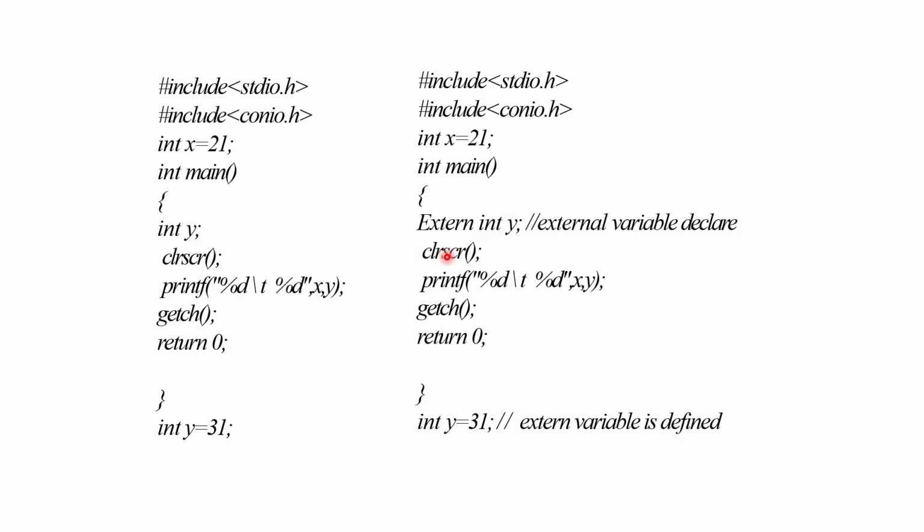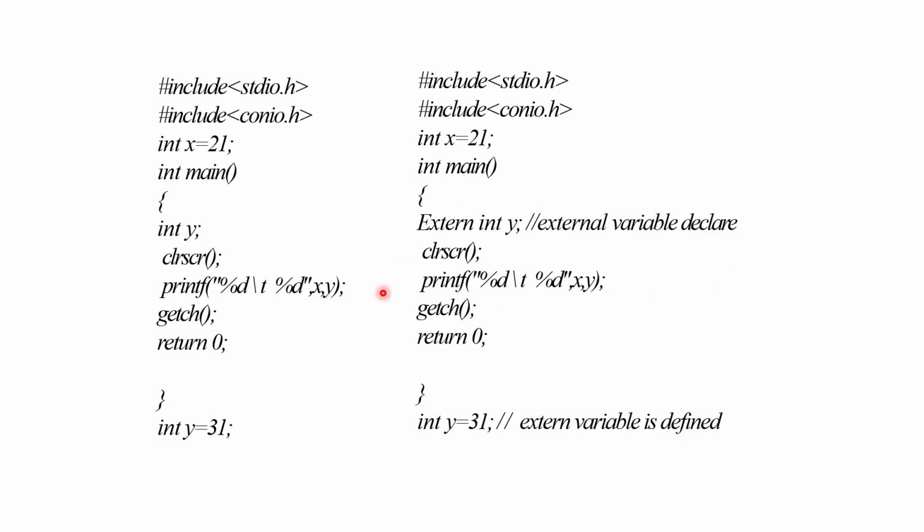That means it can take the value from this side. And that's why when you are printing the value of x and y over here, you will get 21 for x, but you will get a garbage value for y because y is not initialized by any value. It is initialized, but over here, which will not be useful when you are printing the value.